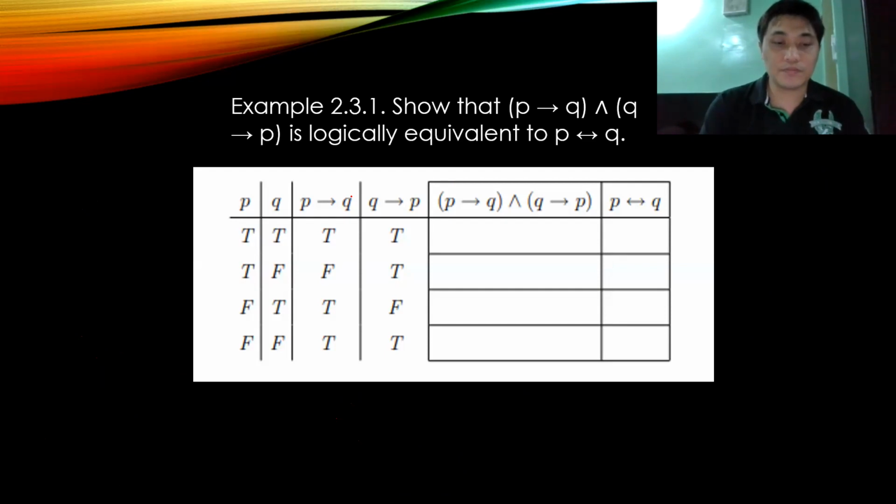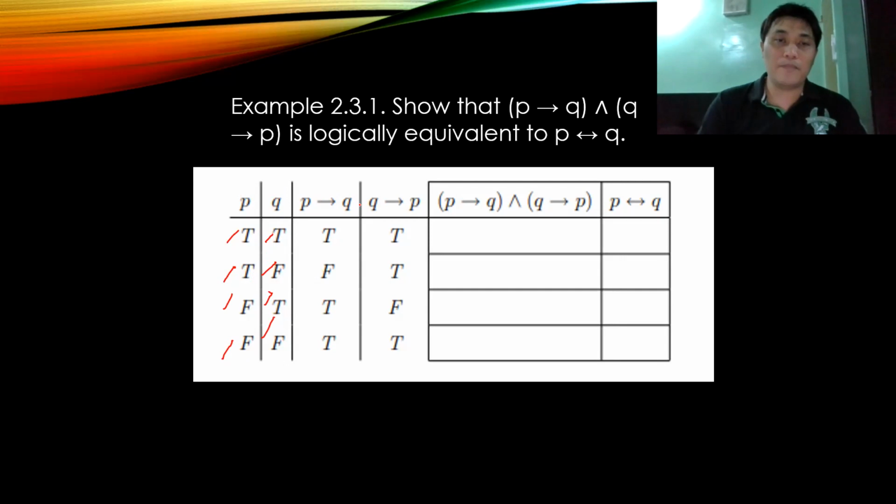So in my statement P, our values are true, true, false, false. And our statement Q, my values are true, false, true, false.